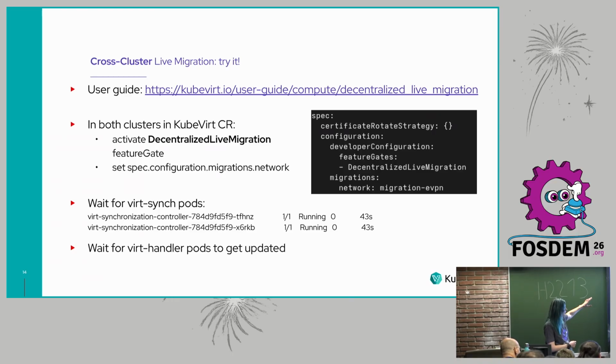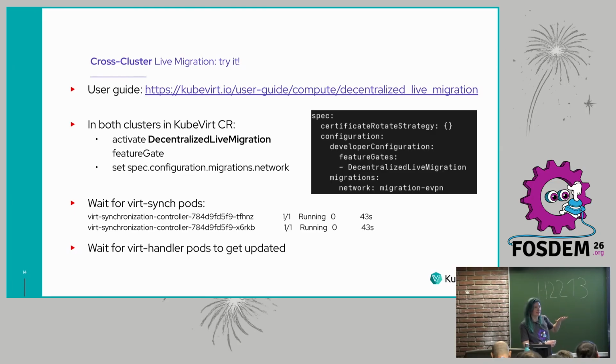In the KubeVirt CR, we need to activate the decentralized live migration feature gate. Once you activate this feature gate, you see that your virt synchronization controller pods appear in your cluster, and you need to wait for them to start running. And another thing, you need to specify the migration network.